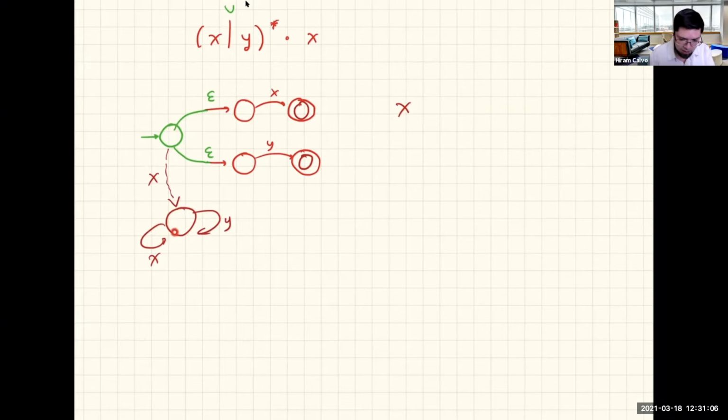This is possible. However, I have another choice. I just jump from here to this state just because I wanted, and then read the X. And then, oh yes, I end in an accept state.